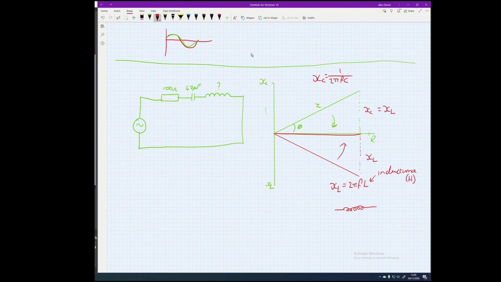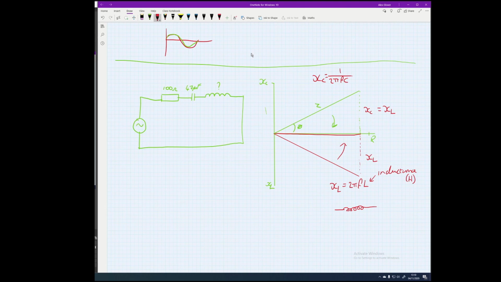And as frequency tends to zero, XL tends to zero. But as frequency tends to infinity, tends higher, this acts like a complete open circuit, like it's completely blocking any current flowing through.